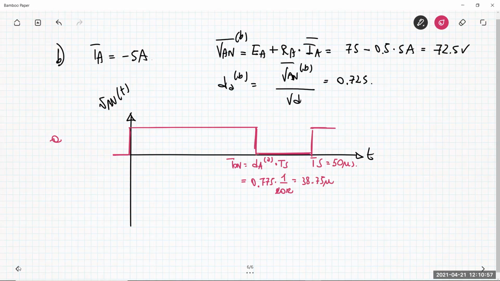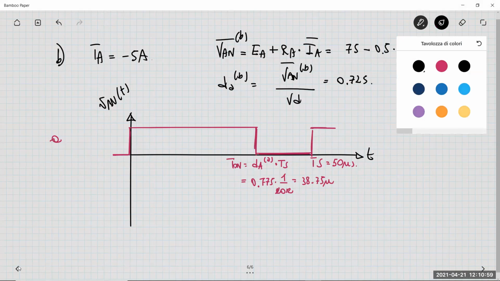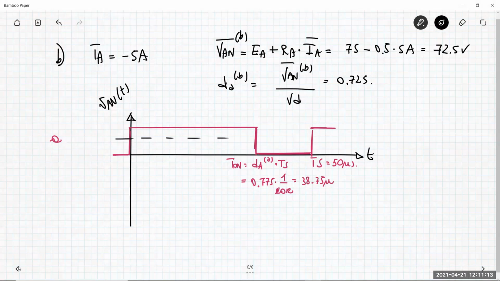Okay, this is 50 microsecond. In that situation, the duty cycle is exactly 0.775. The average value here, VAN average A, is 77.5 volt. Remember that here you have VD, which is 100 volt, this level here.